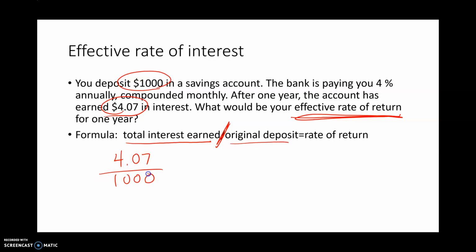4.0 divided by 1,000. So your effective rate of interest is 0.0407, right? Over this 1 year. Isn't much, is it? Why is this looking so small?